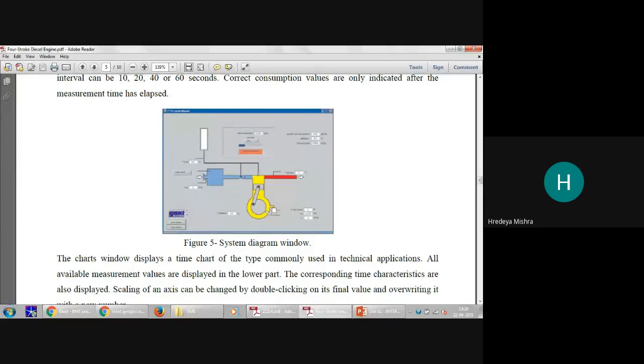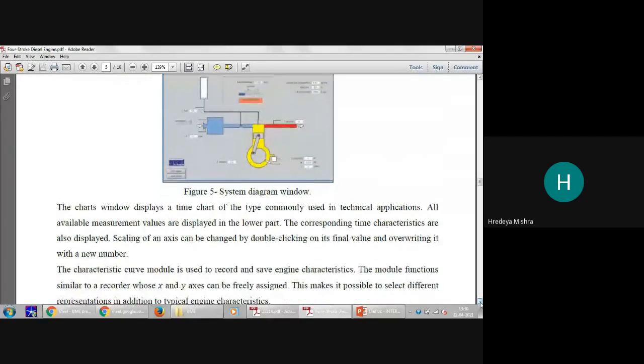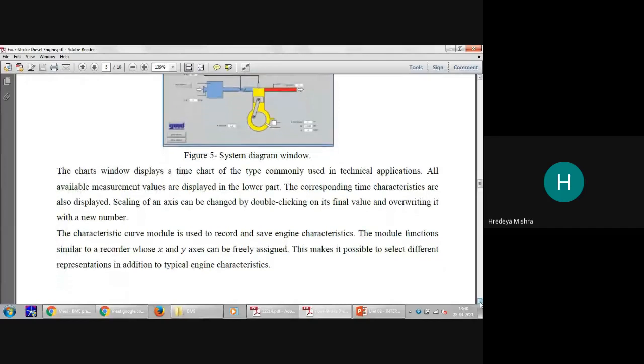So here, see, 1, 2, 3, 4 and the fifth button is here. So total 5 buttons are there. So you can prepare the chart now. The chart window displays a time chart of the type commonly used in technical applications.